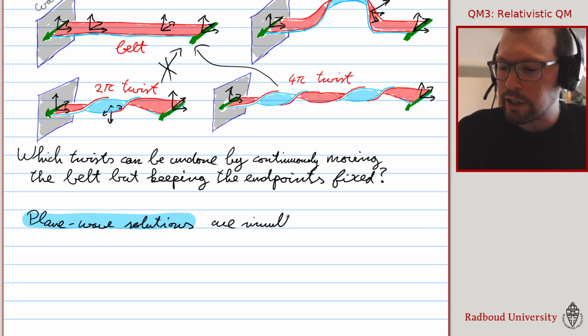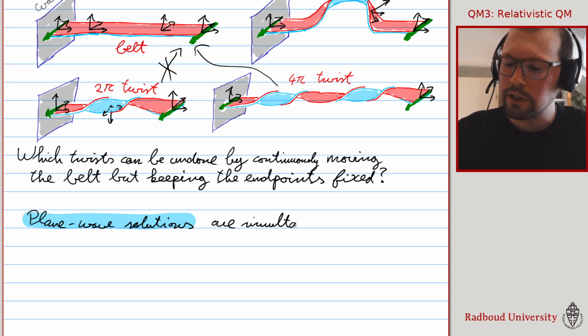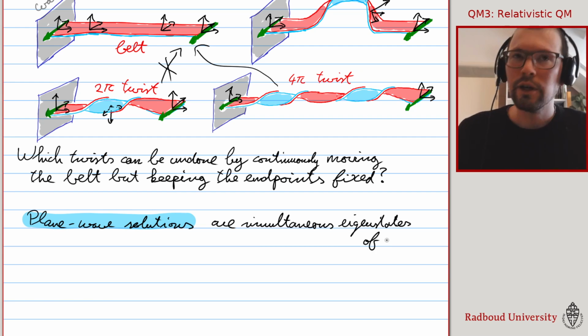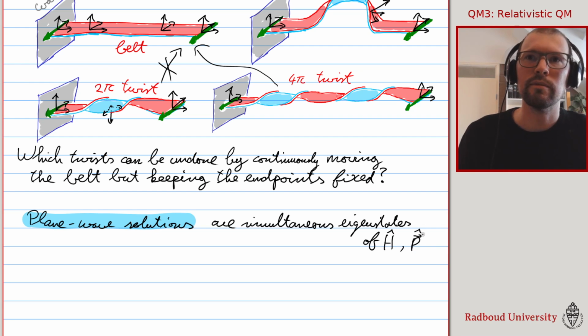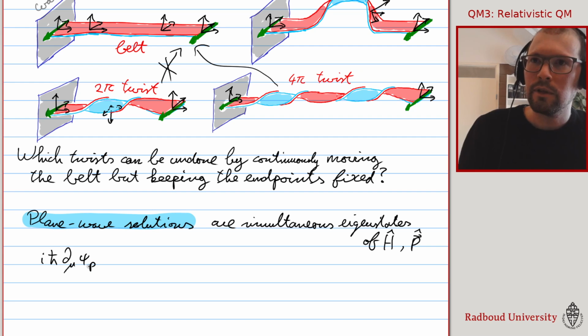So what is one way to characterize a plane wave solution? Well, that is the fact that they are simultaneous eigenstates of the Hamiltonian and also of the momentum operator, in the sense that these are the operators combined into a 4-vector.